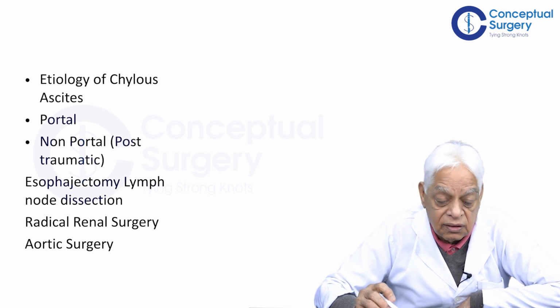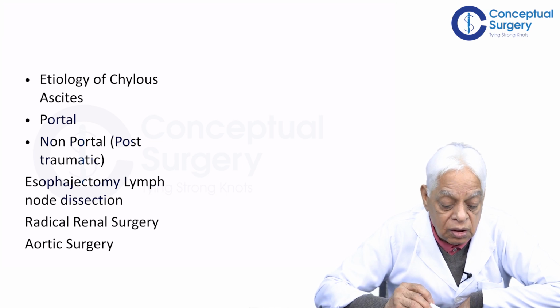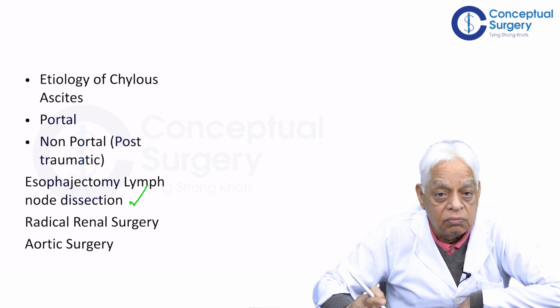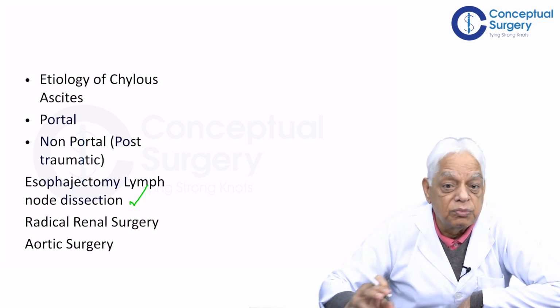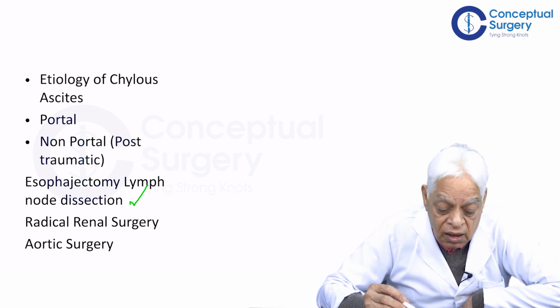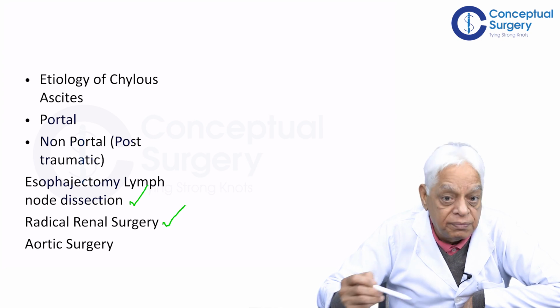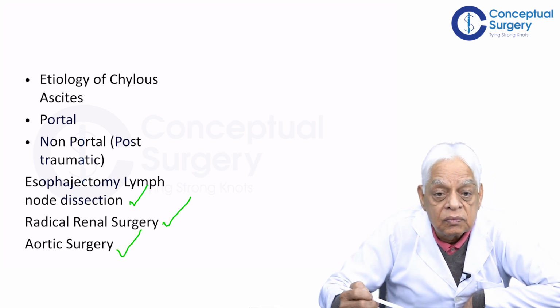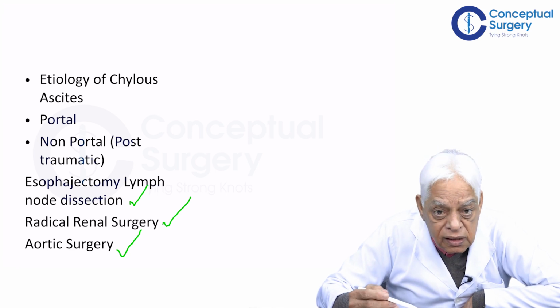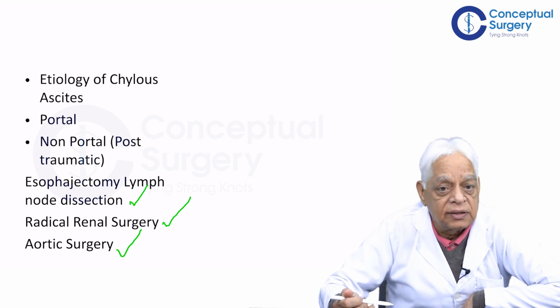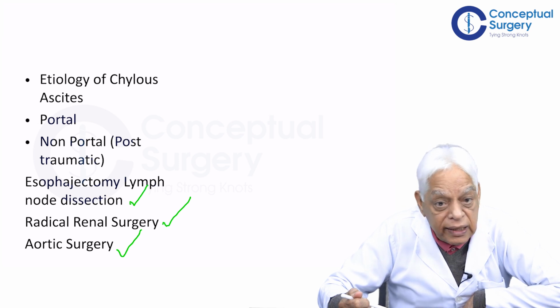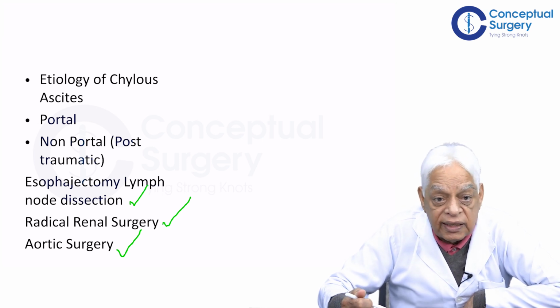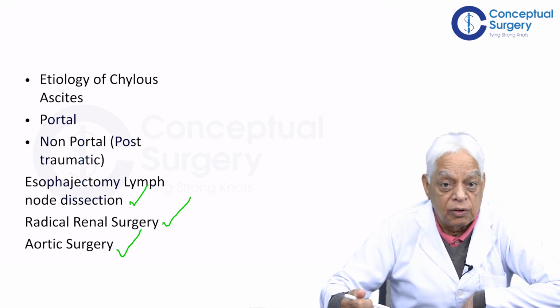The surgery, which involves retroperitoneal lymph node dissection, like you do it for testicular tumors, radical renal surgery, surgery on the aorta. You may damage this retroperitoneal lymphatics and lead to leakage of chylous fluid into the peritoneal cavity.